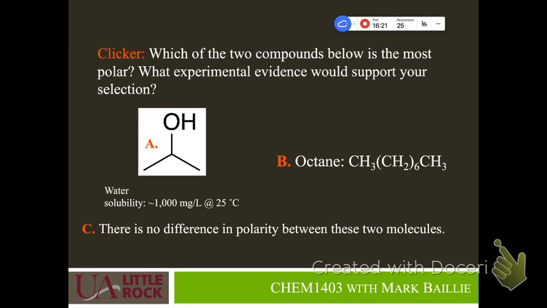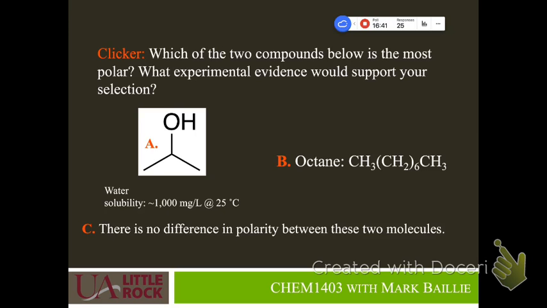It'll completely dissolve. If you add more than a gram of isopropanol, then you'll get a separate layer that forms. So because this has polar bonds, it is more polar overall. That is going to dissolve up to a certain amount. This one is not polar, so polar and nonpolar will not dissolve each other.